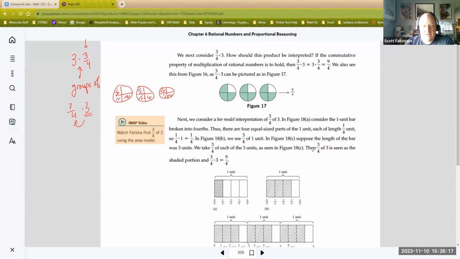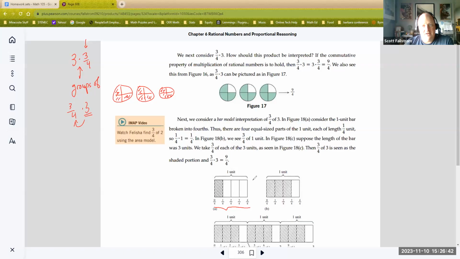If you had a bar model, the bar model is more of a visual stack. You notice here you have the whole 1 unit listed, and this would be 1/4. So if you wanted 3/4 of 3, you would fill 3/4, and then you'd repeat that 3 times. And that's the way we can do it.